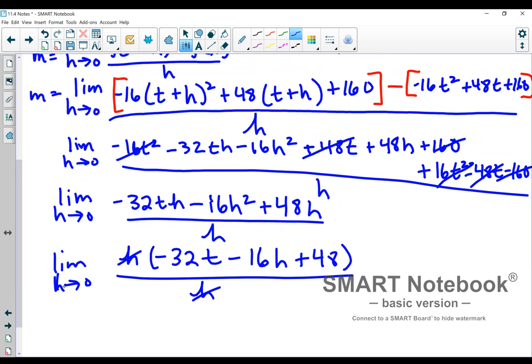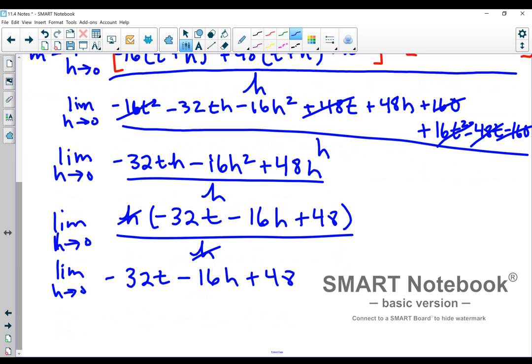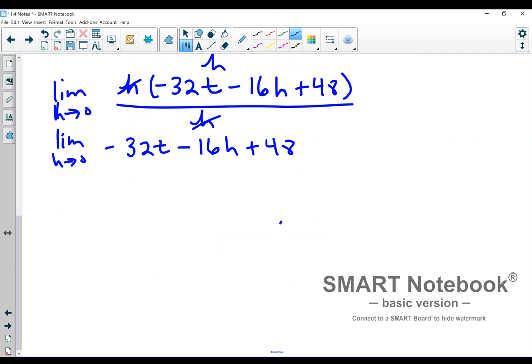So now we just have a limit as h goes to 0 of negative 32t minus 16h plus 48. And then remember, anytime h goes to 0, well, 16 times a number closer and closer to 0 is just going to end up zeroing out. So our slope, our instantaneous rate of change, our instantaneous velocity will be negative 32t plus 48.